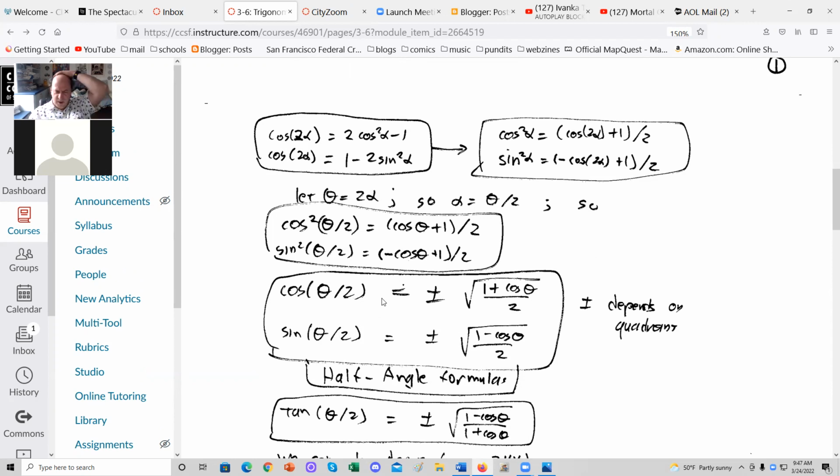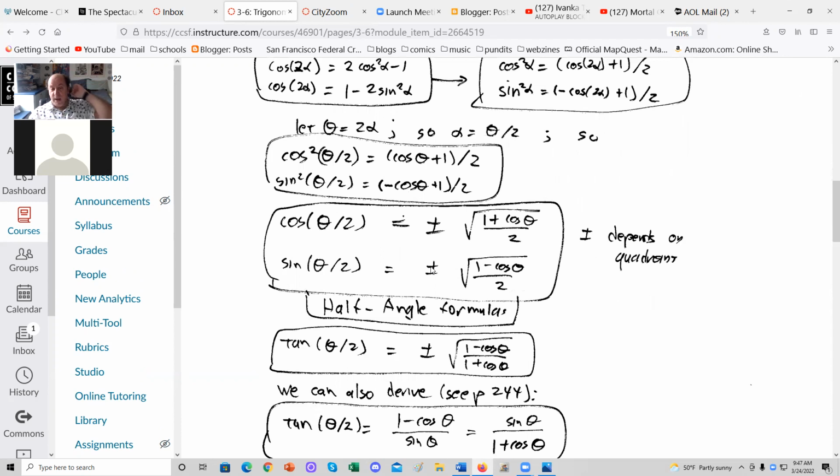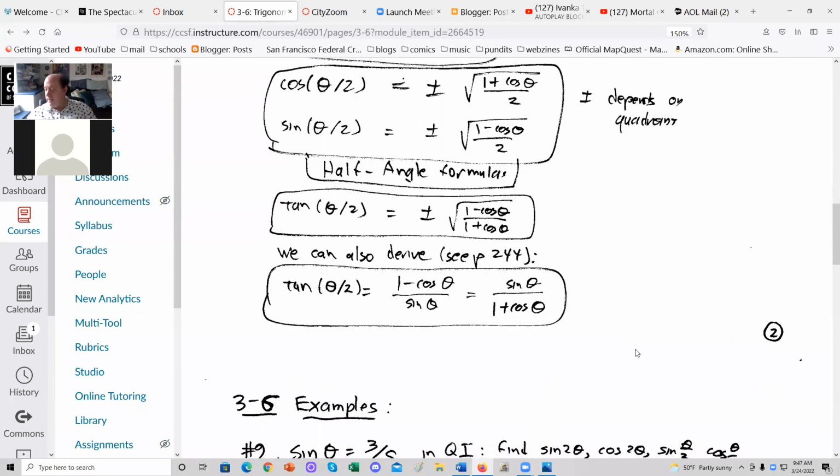Could be plus or could be minus, and that depends. And then dividing sine by cosine, we get, after doing some arithmetic, tan theta over 2 equals plus or minus the root of 1 minus cosine theta over 1 plus cosine theta. Now this is probably an inaccurate attribution, so I'll have to change it.